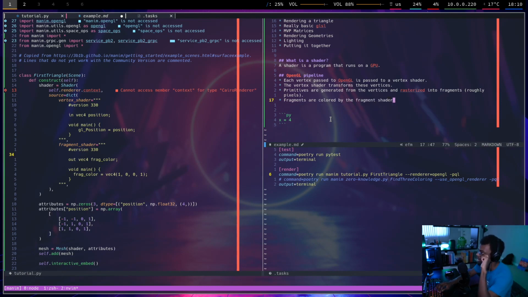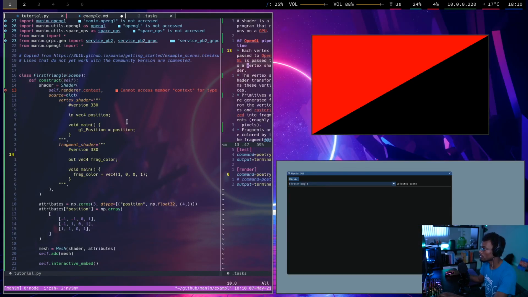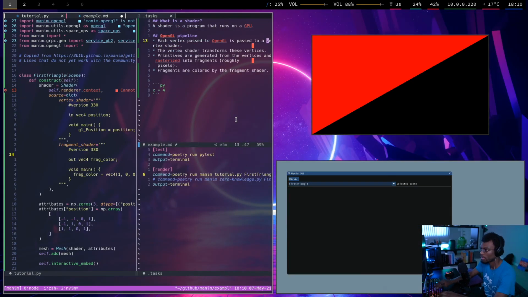Actually, maybe I can use the same phrasing that I used with the vertex. If I can use the same phrasing, I think that'll make the idea a lot more salient. As I said before, each vertex passed to OpenGL is passed to a vertex shader.